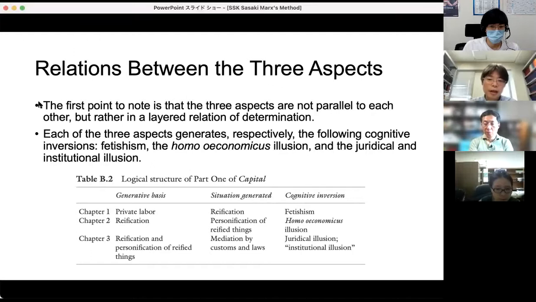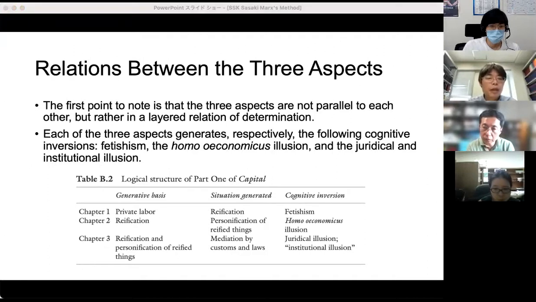That is, the first aspect, reification, determines the second aspect, personification of reified things. The first aspect and the second aspect determine the third aspect, institutions and the laws.